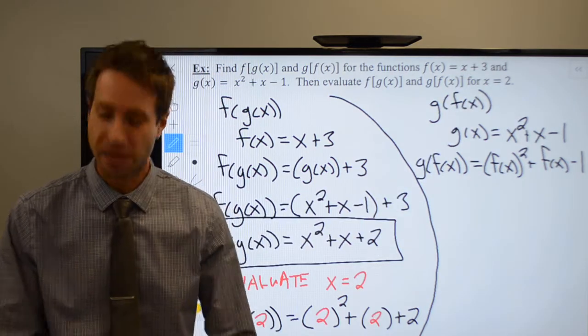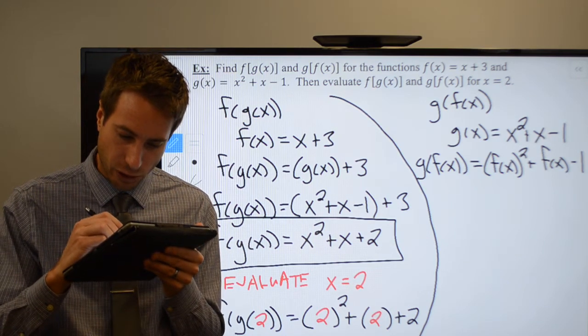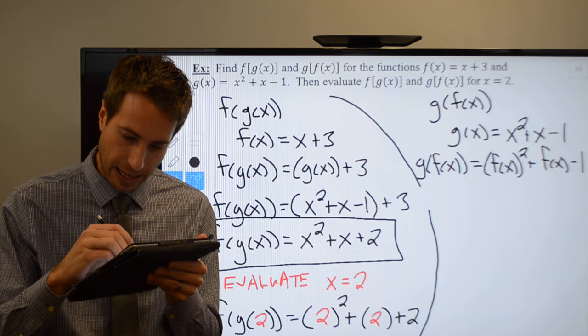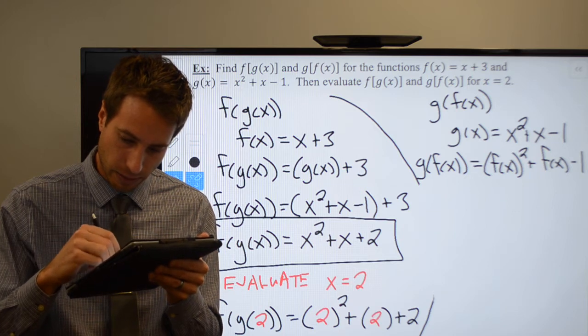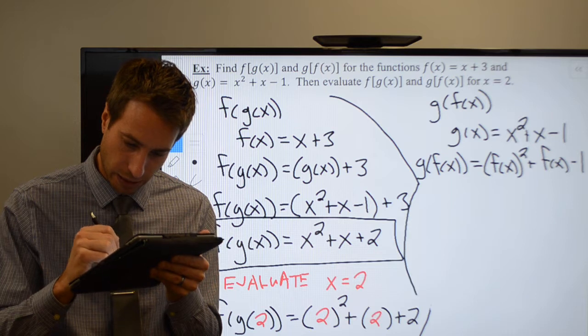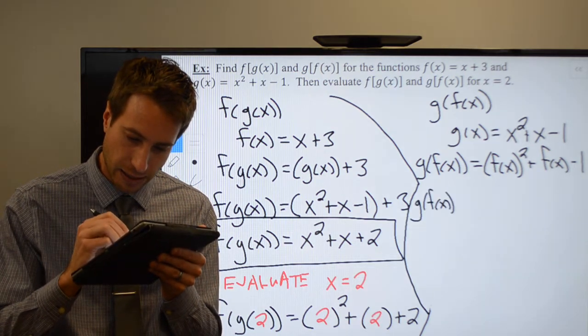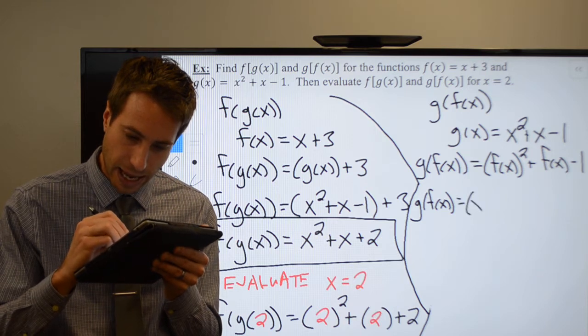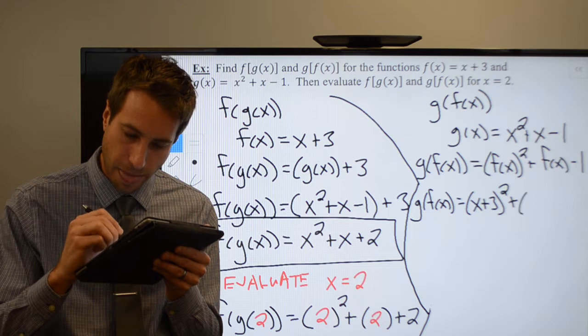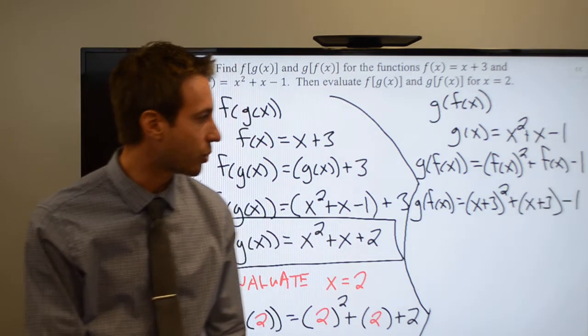So I'll just plug that in instead. I apologize, I may have to squeeze a little bit here. All right, so g of f of x is equal to x plus 3 squared plus x plus 3 minus 1. That wasn't so bad.